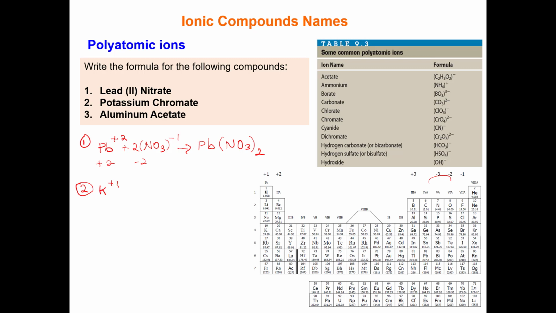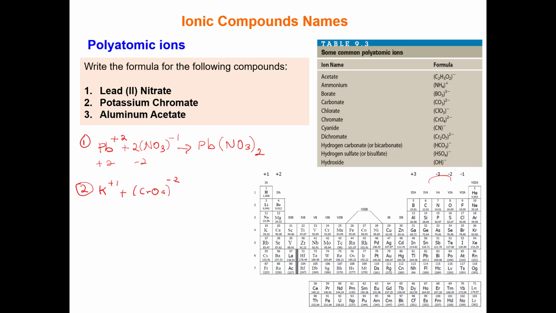Potassium is positive 1, plus chromate, and chromate is this one, negative 2. Yes, chromate is negative 2.